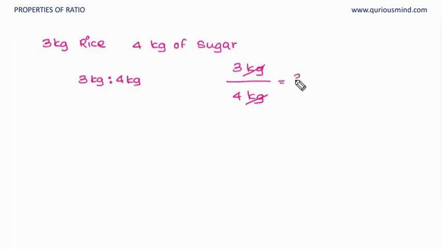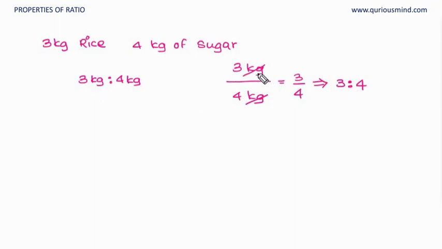And what we get is 3 upon 4. And then we write the ratio as 3:4. So whenever you have to find ratio, first put it in the fraction format, cancel out the commons, and then convert the fraction into ratio like this. The numerator is to denominator.